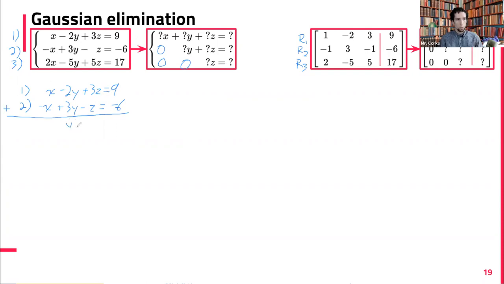Our result will have y, and 3 minus 1 plus 2z. 9 minus 6 is 3. Okay, so we've made that, and let's do the next elimination with our system, and then we'll mirror that with our matrix.